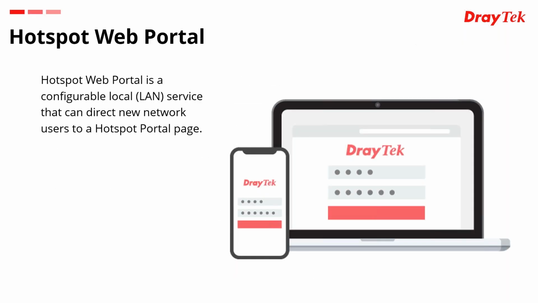Some other features you may find on higher spec business routers, and that includes now this SOHO range, is the hotspot web portal. You may have seen that on some other DrayTek routers, but what it is, basically, is a web page that appears when one of the end users connects to your Wi-Fi network, and then you can require them to take specific actions. For example, logging in or accepting terms and conditions before getting access to the internet.